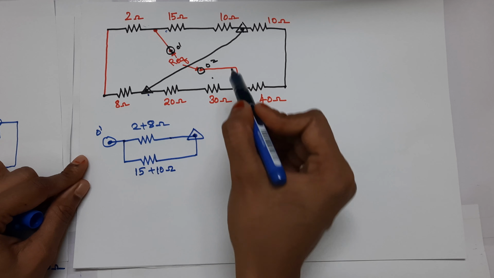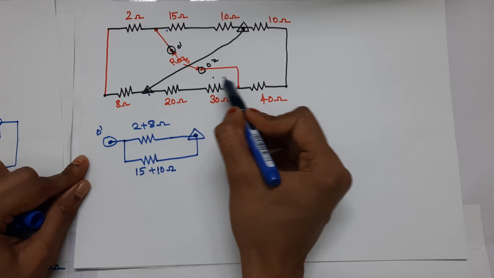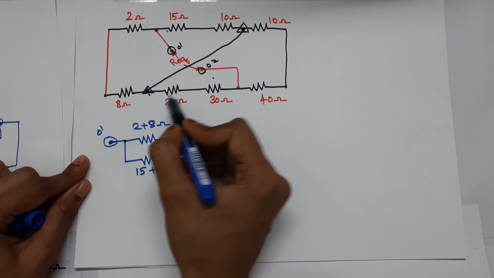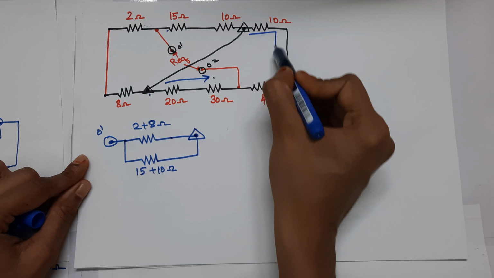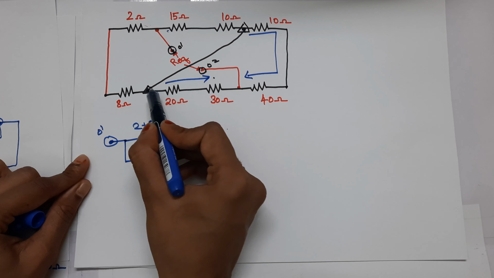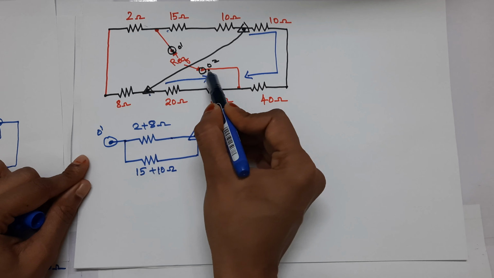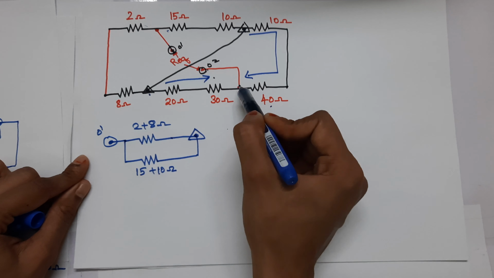We have a terminal called circle 2, from which another two resistors are traveling. Between the triangle and circle 2, we have two paths, 20 plus 30, and 40 plus 10. 20 plus 30 is going from this triangle to circle 2. 10 plus 40 is going from this triangle to circle 2.